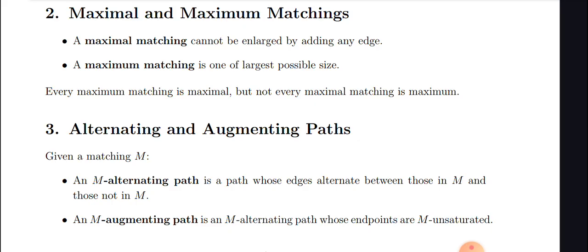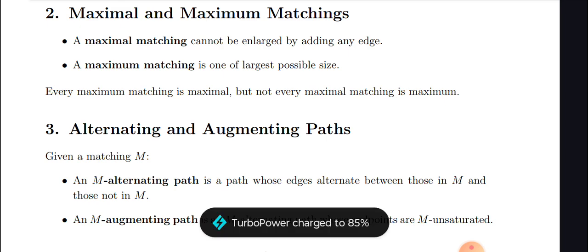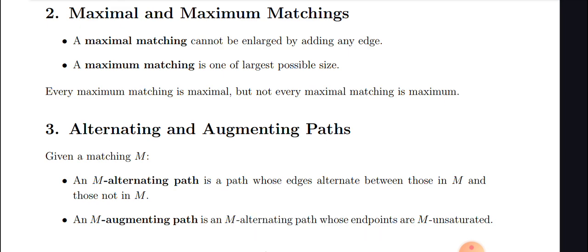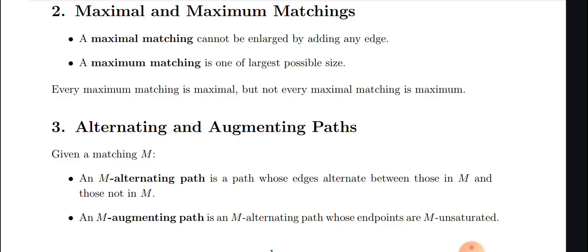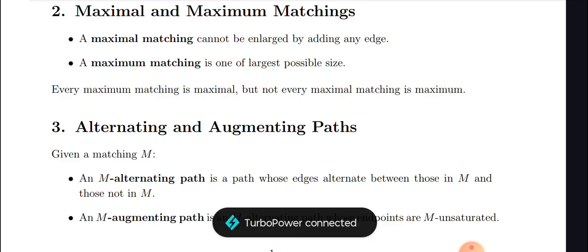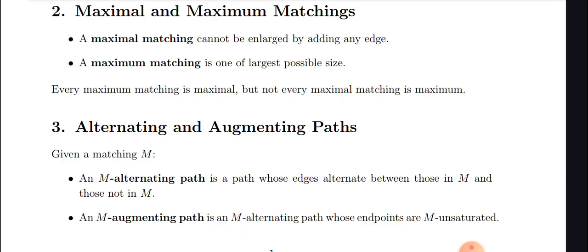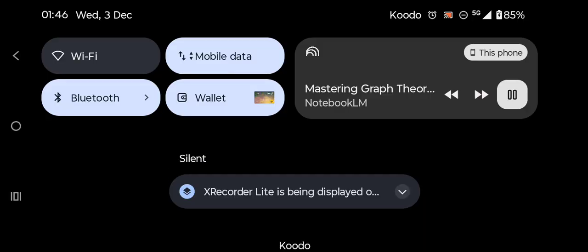And crucially, the size of this new matching M1 is exactly the size of M plus 1. Because you had k matched edges and k+1 unmatched edges on the path, you swap them, you gain one edge overall. You've successfully used two previously free vertices and increased the total number of pairings by 1. Then the process just restarts. You look for the next augmenting path, and you keep going until you can't find any more.